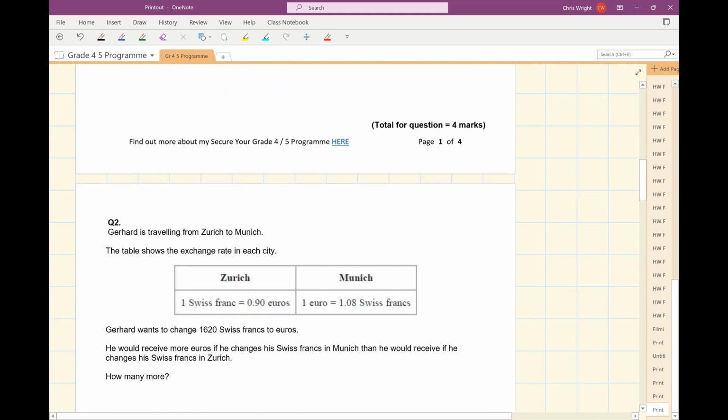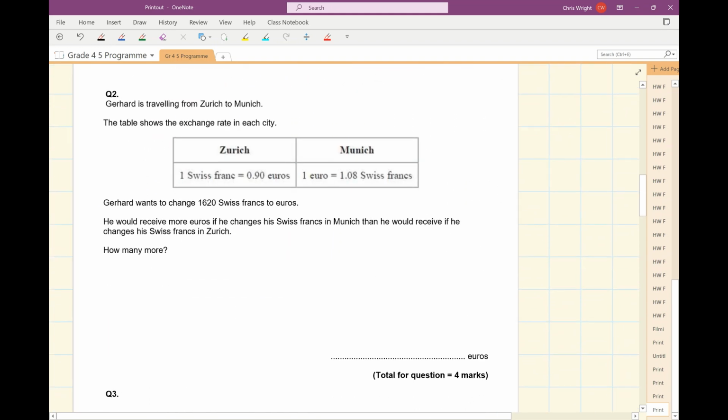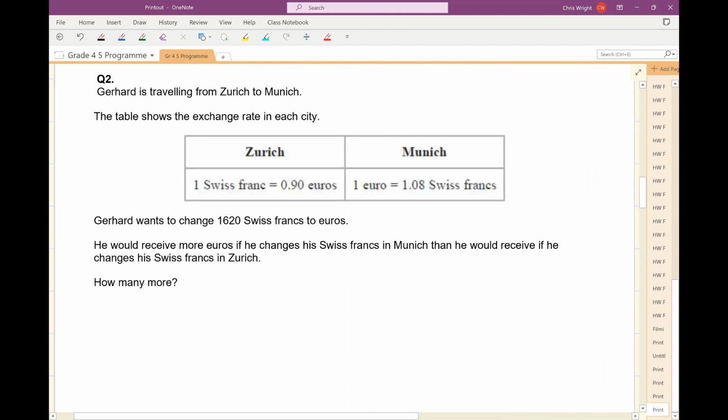Right, let's go up to question 2. We are travelling from Zurich to Munich. The table shows the exchange rate in each city. Here's Zurich, here's Munich.